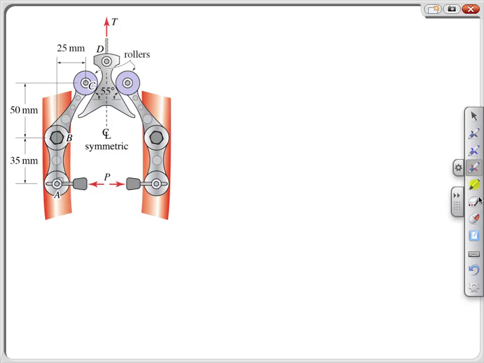Now let's generate free body diagrams of the cam and member ABC. We'll begin by drawing enveloping surfaces to isolate the cam as well as the member ABC with the roller in contact with the cam.